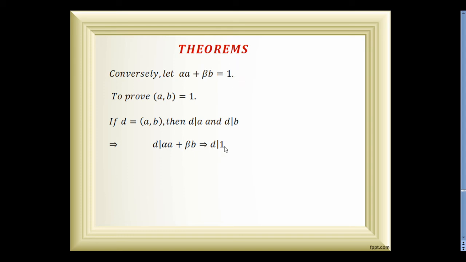So d divides 1. Therefore, d equal to 1. So the GCD of a comma b is equal to 1, which means a and b are relatively prime. Hence the proof.